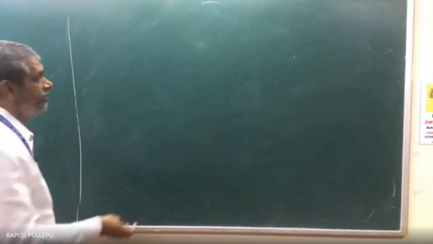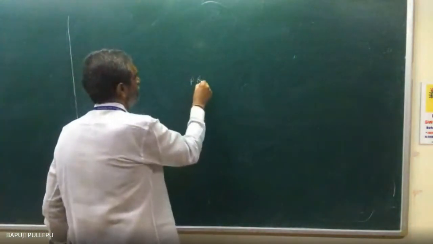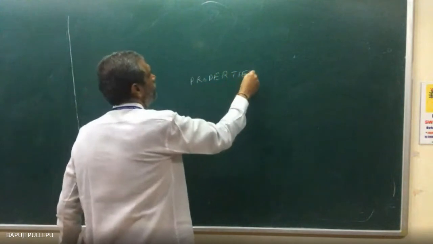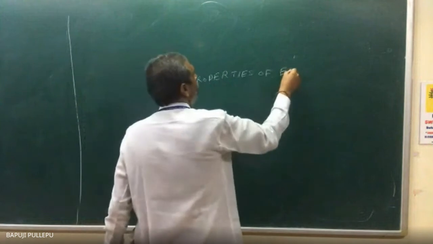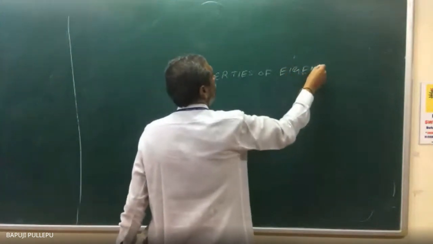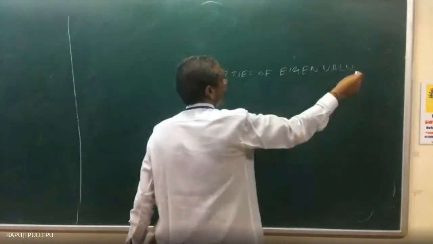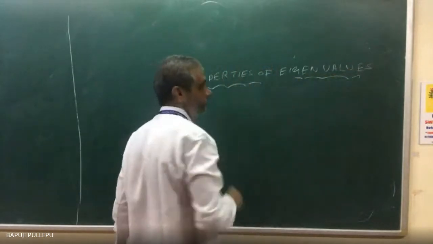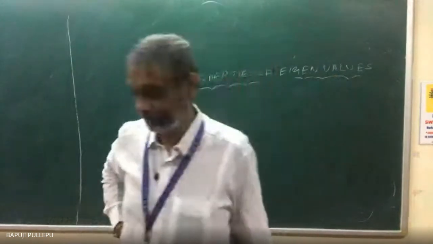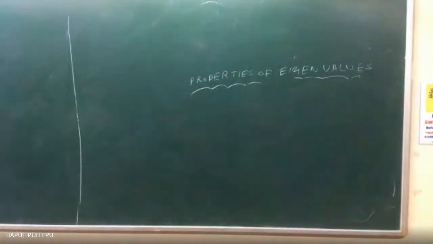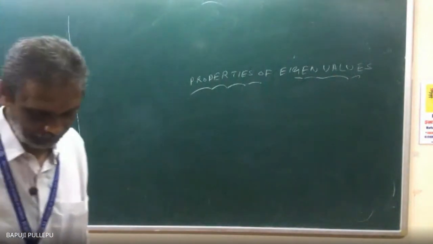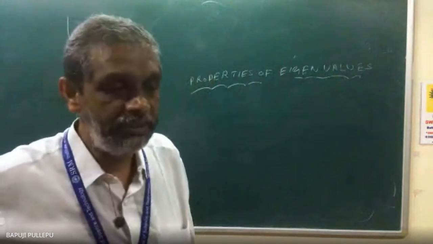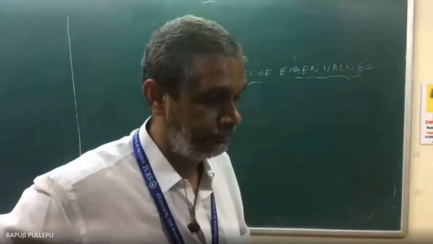Now we can take properties of eigenvalues. Suppose we have a 3 by 3 matrix, how many eigenvalues will you have? 3.